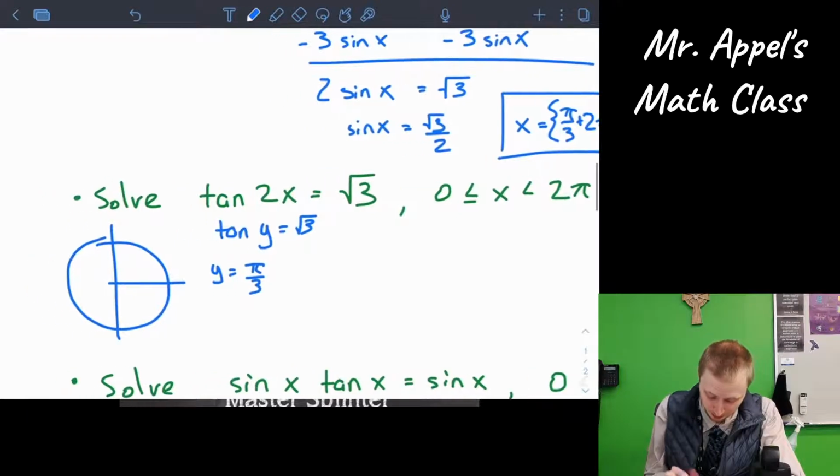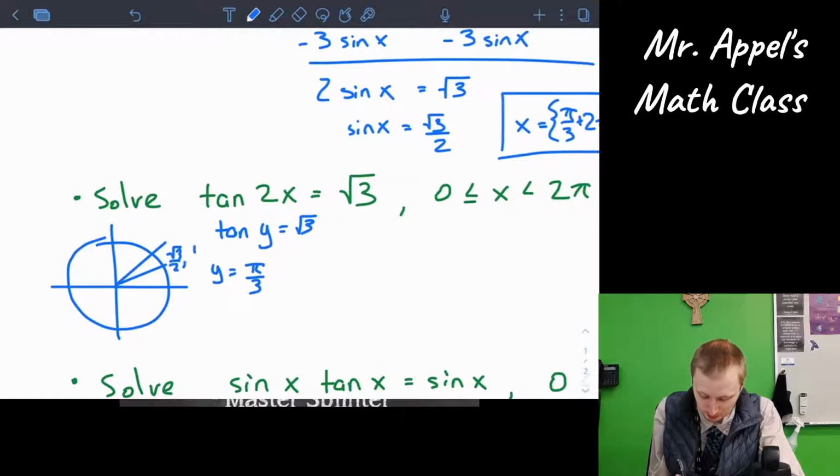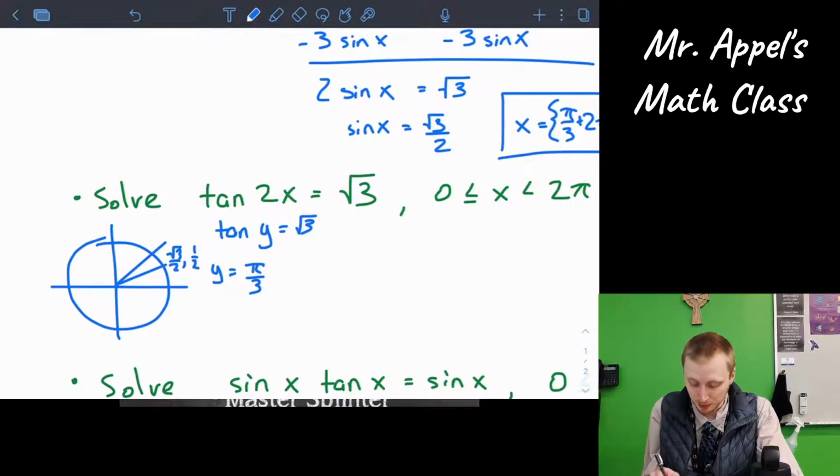this is where it might get a little trickier here. So remember, a pi over 4 is going to be a tangent of 1 because x and y are equal, so that's no good. This is root 3 over 2 comma 1/2. So your tangent, TOA, is opposite over adjacent.